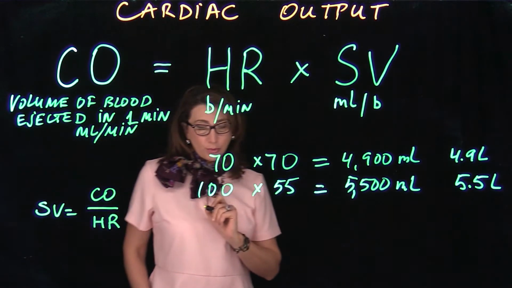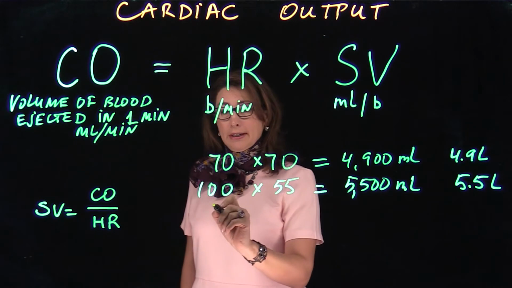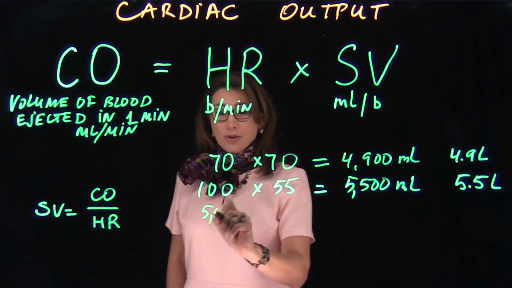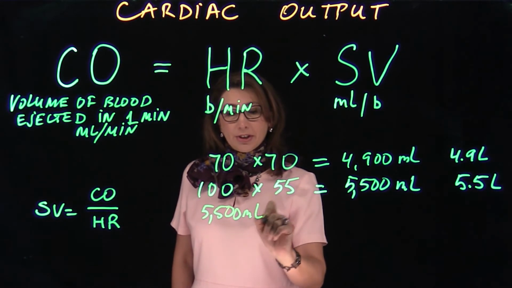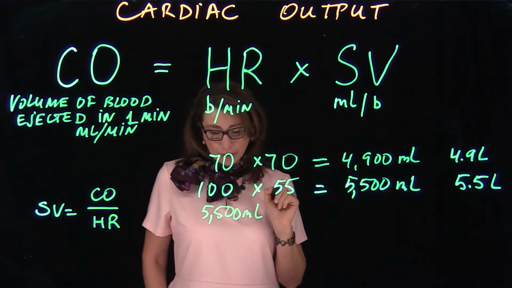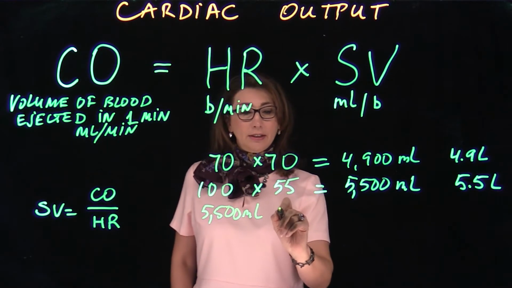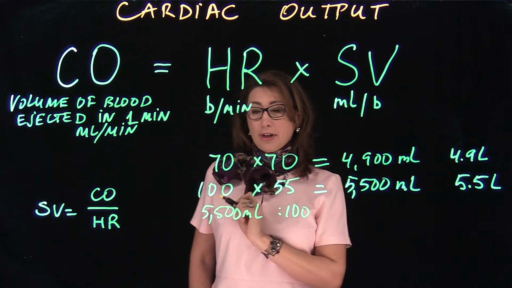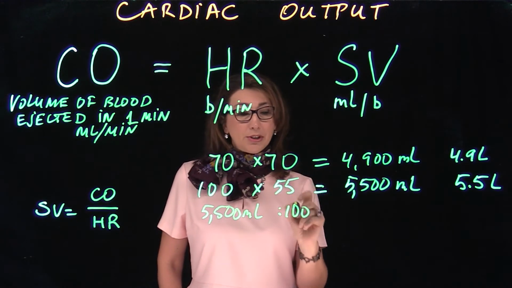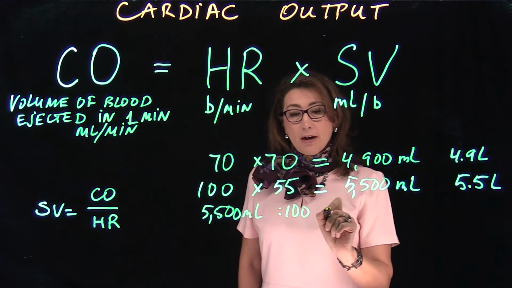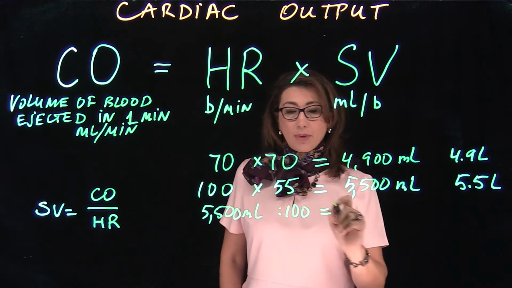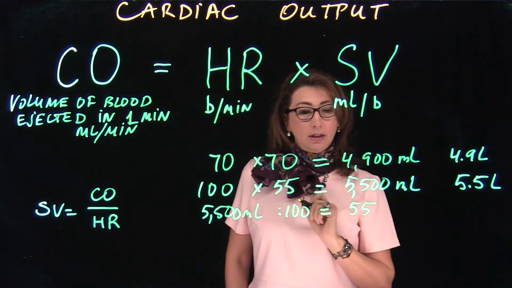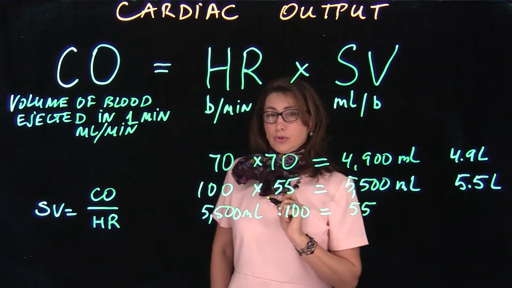So if we assume that cardiac output, let's say, is 5,500 milliliters, and our heart rate is 100, so we divide 5,500 milliliters by 100, and we would get 55, and that would be our stroke volume.